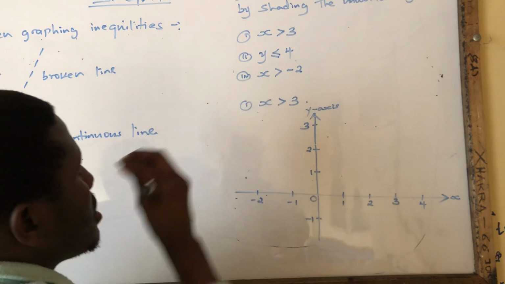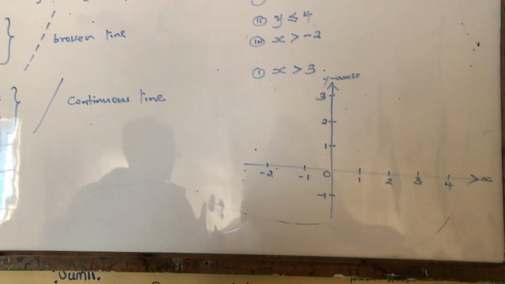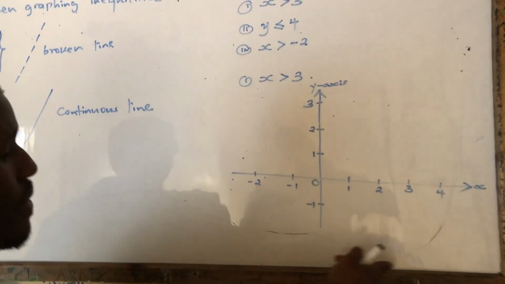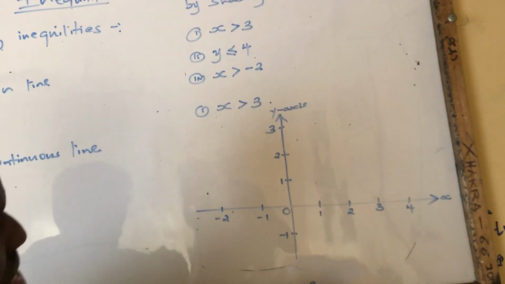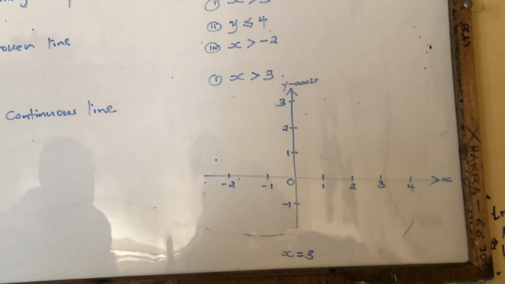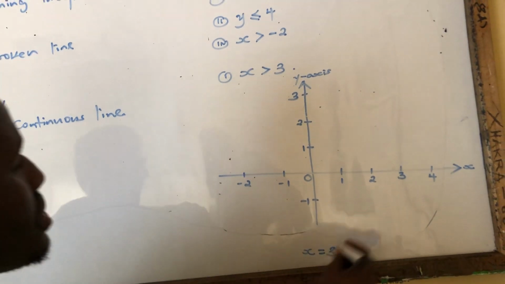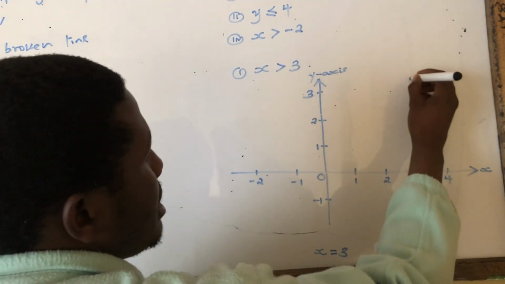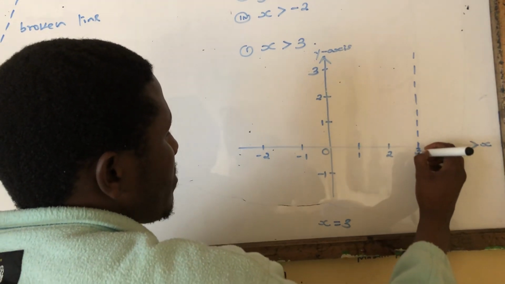Before we graph this inequality, the first question we ought to be asking ourselves is, where is the line x equals 3? The line x equals 3 is a vertical line cutting the x-axis at 3.